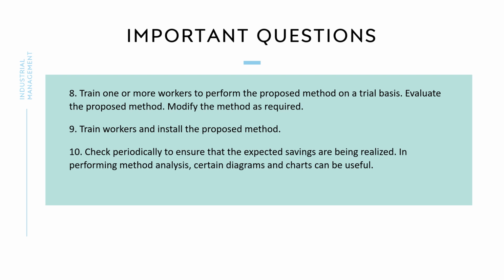Train one or more workers to perform the proposed method on a trial basis. Evaluate the proposed method. Modify the method as required. 9. Train workers and install the proposed method. 10. Check periodically to ensure that the expected savings are being realized. In performing method analysis, certain diagrams and charts can be useful.